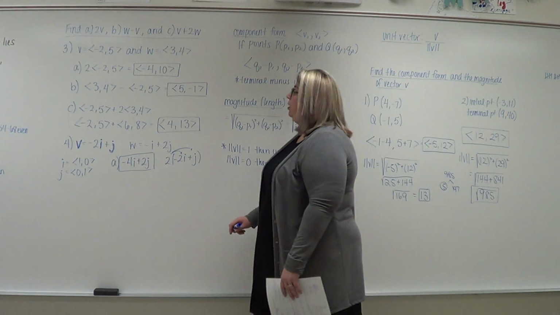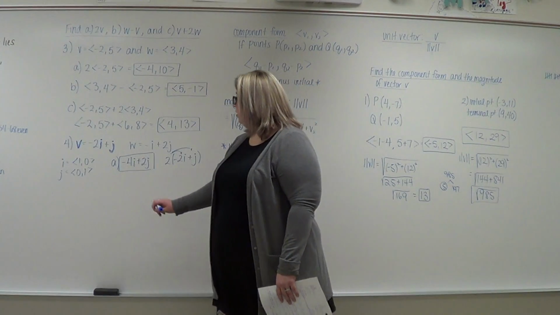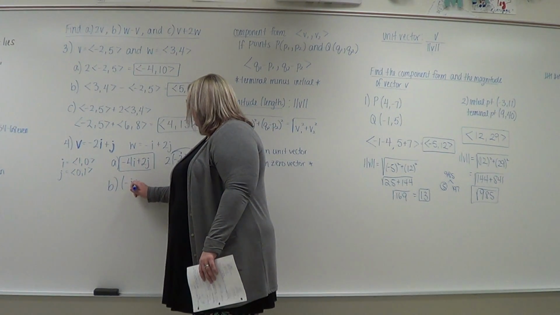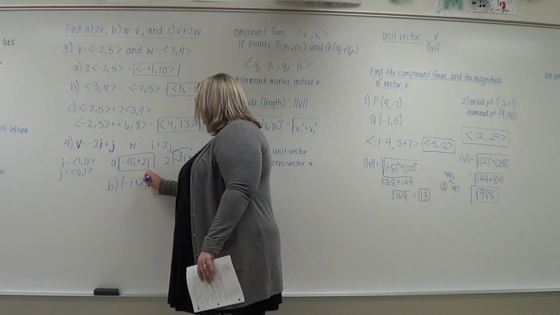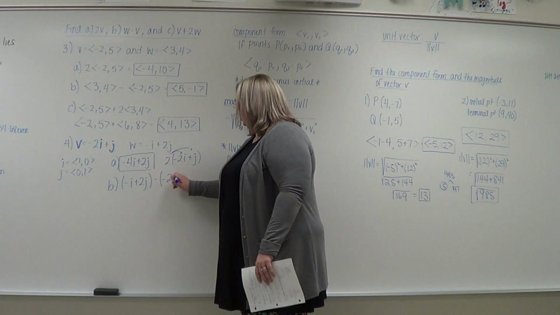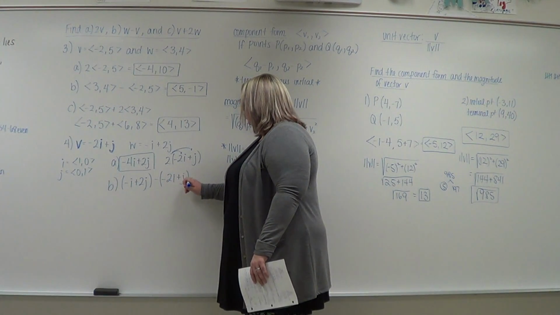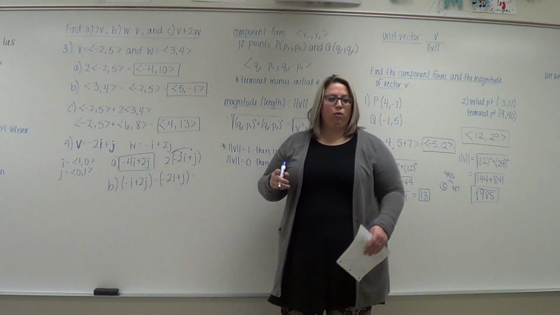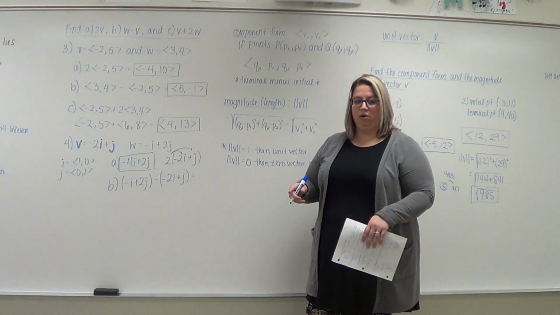So if I want to do w minus v, this would be negative i plus 2j minus negative 2i plus j. Now when I combine those together, just like before, first part, second part.